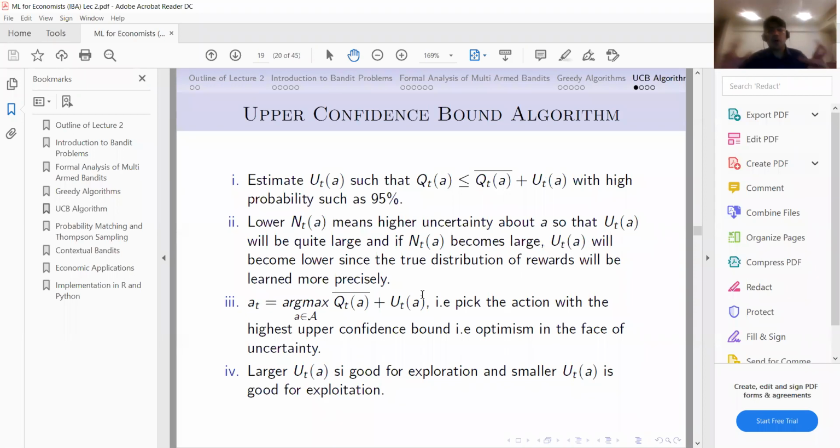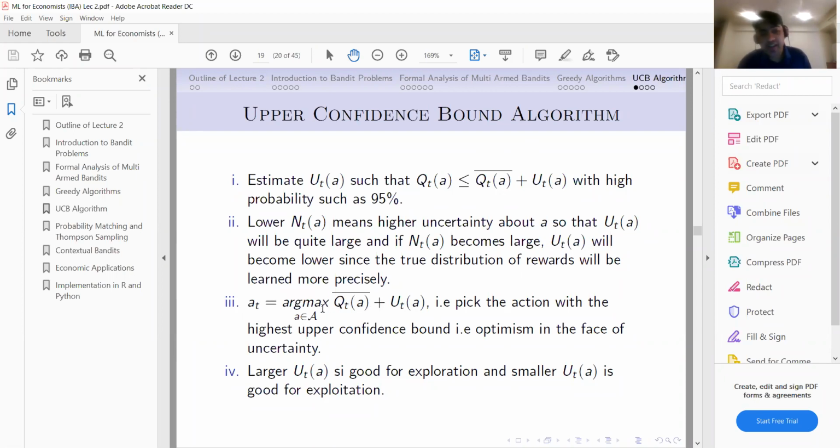So what the upper confidence bound algorithm does is, first it constructs this U_t(A), which is the upper confidence bound. We will define this U_t(A) in a moment, and I'll come to how we construct this and define it mathematically. Once we've done that, it's essentially the same thing as the greedy algorithm, because if U_t(A) were 0, you just have the greedy algorithm, right?